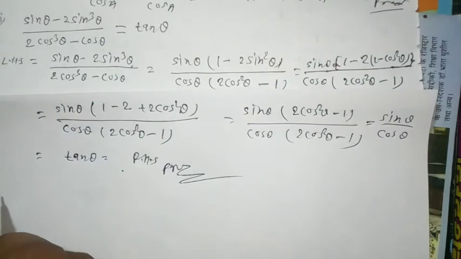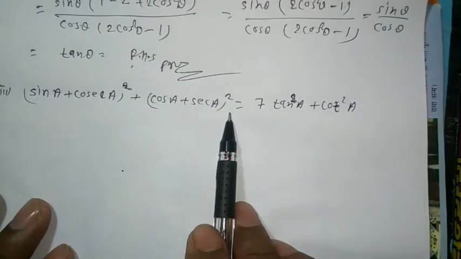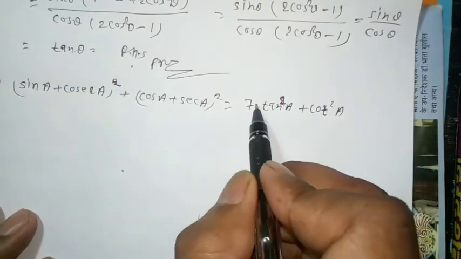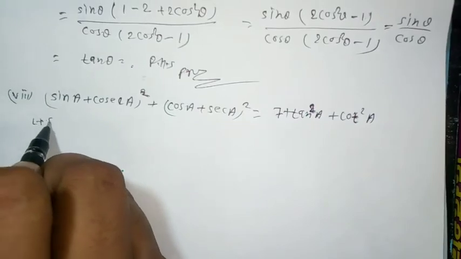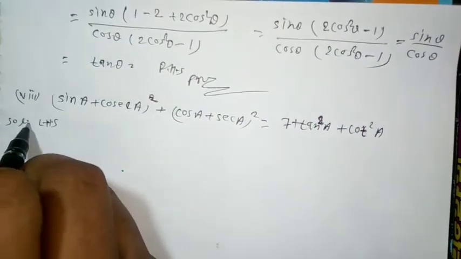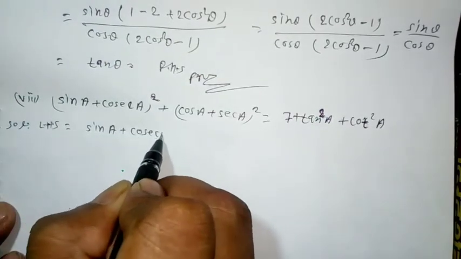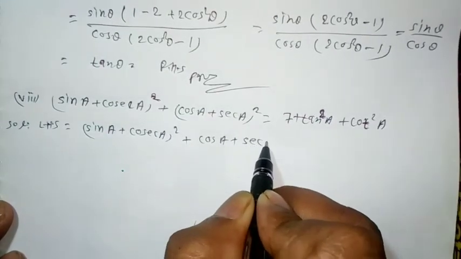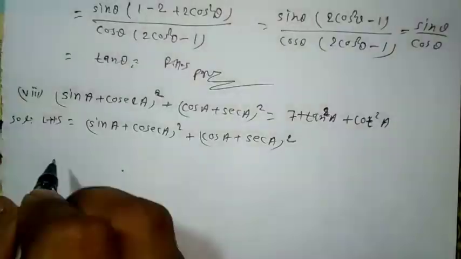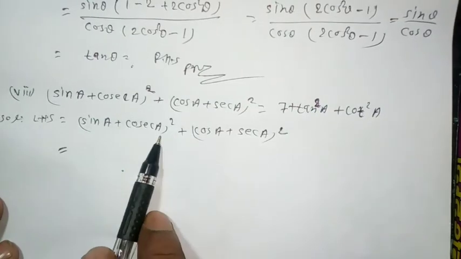The next, 8. sin a plus cosec a the whole square plus cos a plus sec a the whole square is equal to 7 plus tan square a plus cot square a, okay, LHS. Solution: LHS is equal to sin a plus cosec a the whole square plus cos a plus sec a the whole square. a plus b the whole square is equal to a square plus b square plus 2ab, okay.